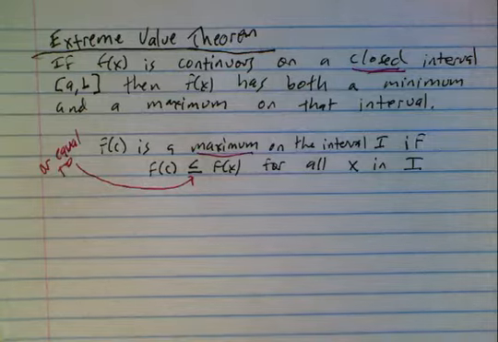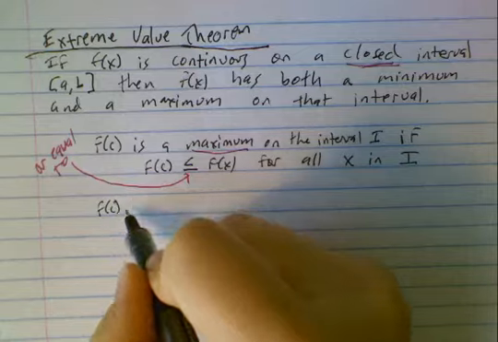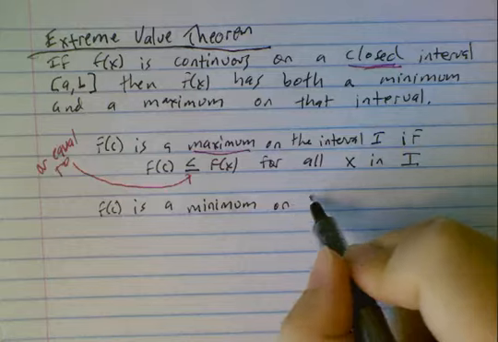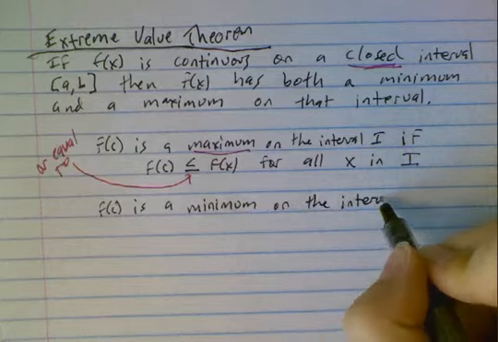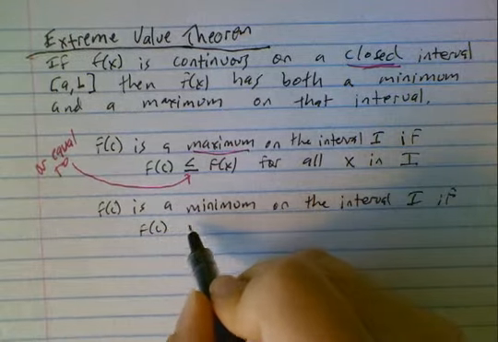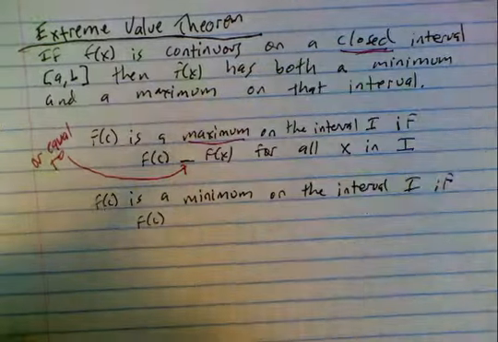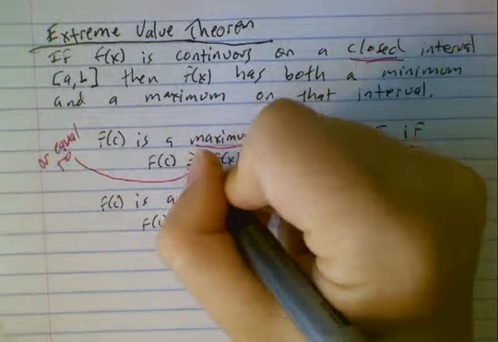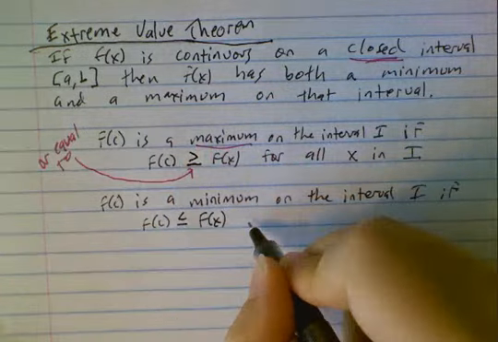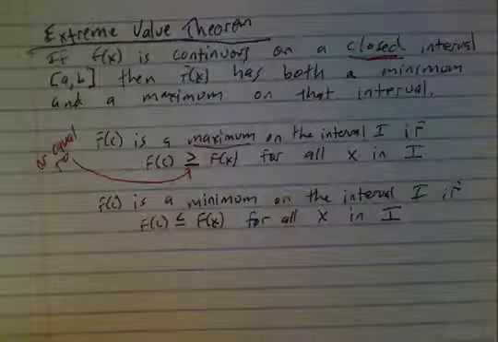And we'll see in a graph in just a minute why that matters. Similarly, f of c is a minimum on the interval I if f of c is less than or equal to f of x for all x in I. There we go.